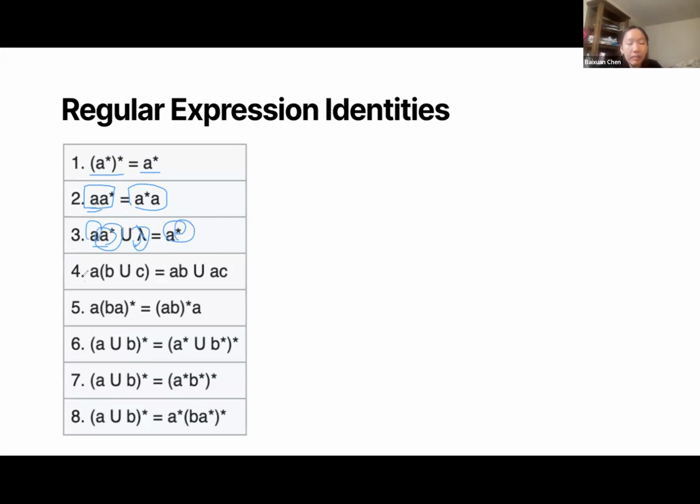And then a(b union c) is basically like the distributive property where it can be equal to ab union ac, and then ab(ba)* is equal to ab a* a. And here we have just some more properties that will make more sense when you actually do the problems. Okay, so let's keep going.